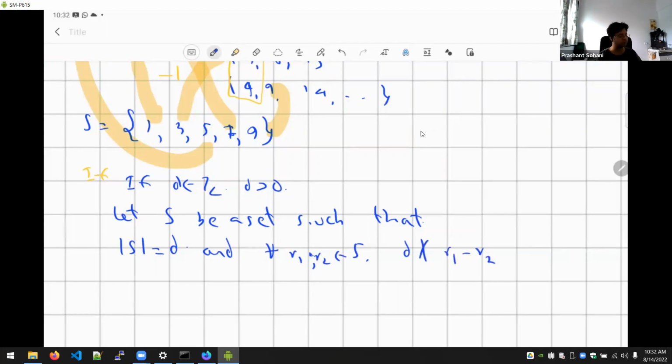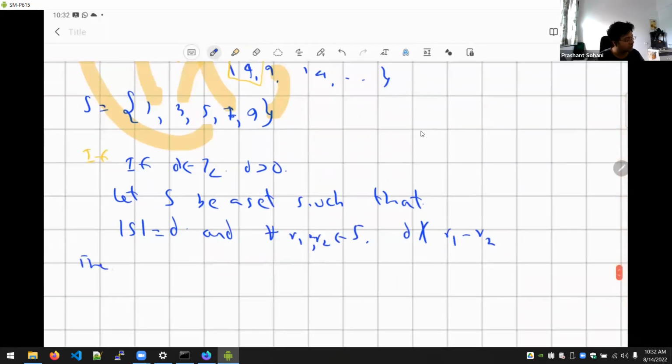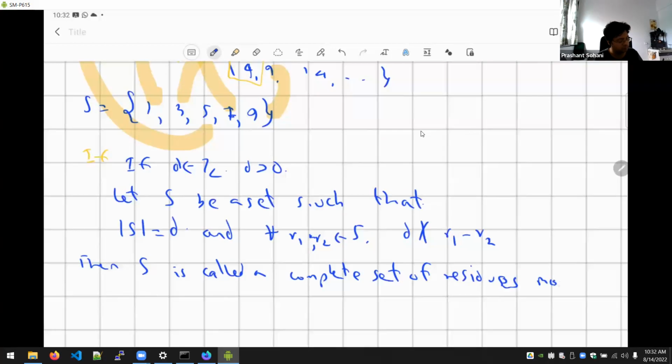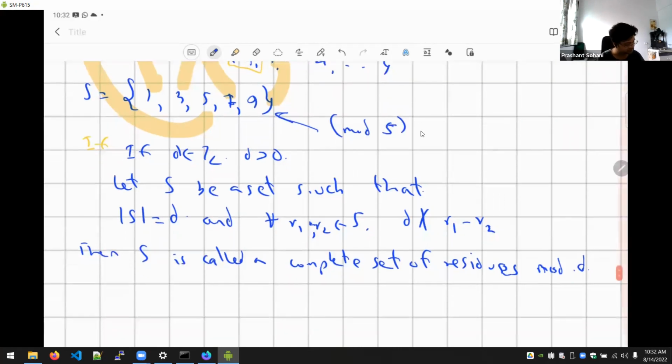In other words, those two elements don't have the same remainder modulo D. Then S is called a complete set of residues modulo D. So this 1, 3, 5, 7, 9 is a complete set of residues modulo 5, for example. And that was what that question was based on in the practice test.